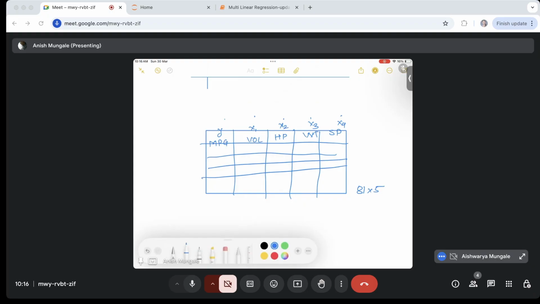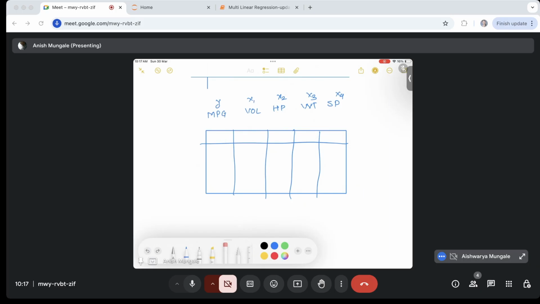Let me just write it: MPG, volume, HP, weight, speed.